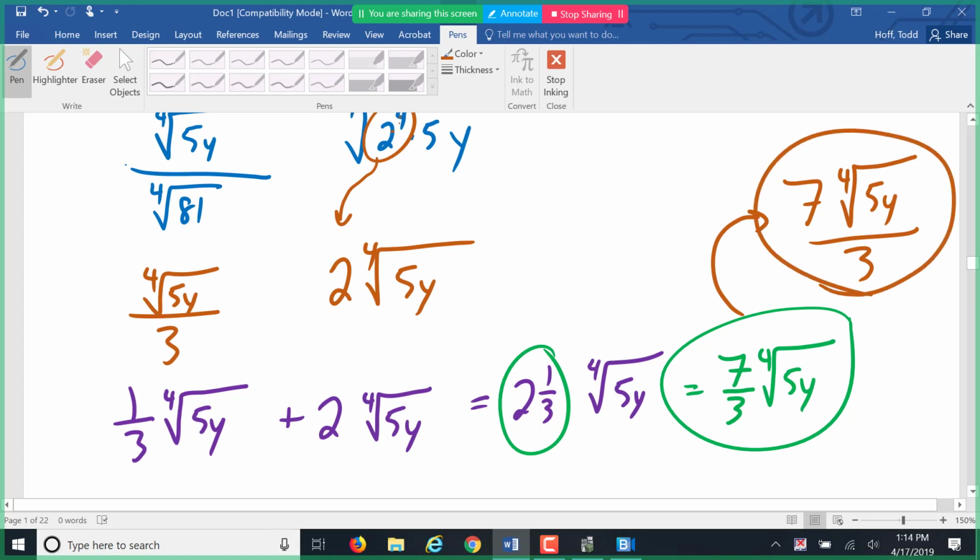The reason for that is we don't like having radicals in the denominator of a fraction. So even though the radical isn't in the denominator, we tend to convert this to that form where that radical is clearly in the numerator, just to avoid that appearance.